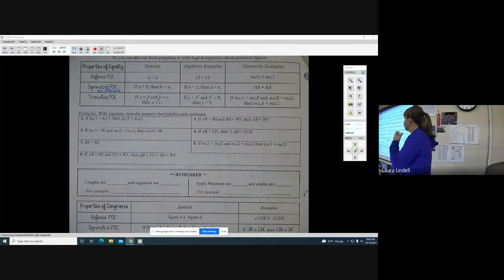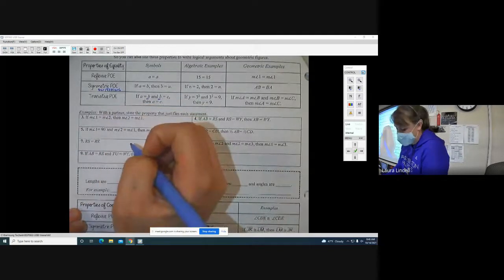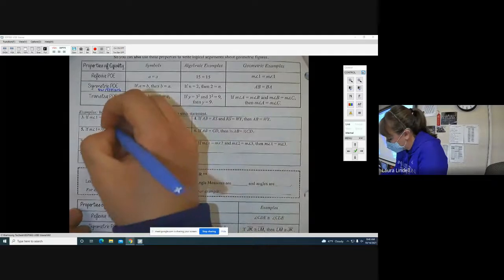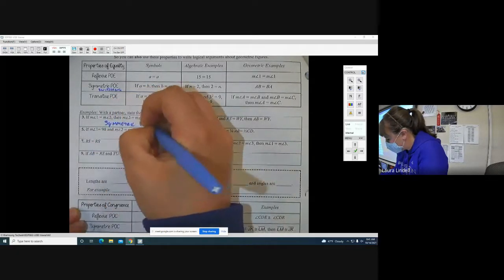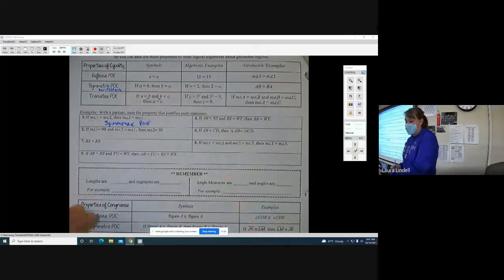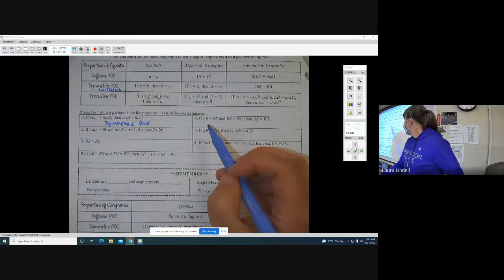Almost. Because transitive, remember, is the one that has like three equal signs going on here. Symmetric. Yeah, so basically all we did here was we switched the order of these, right? Symmetric is switching. This is the symmetric property. All right. How about this one?